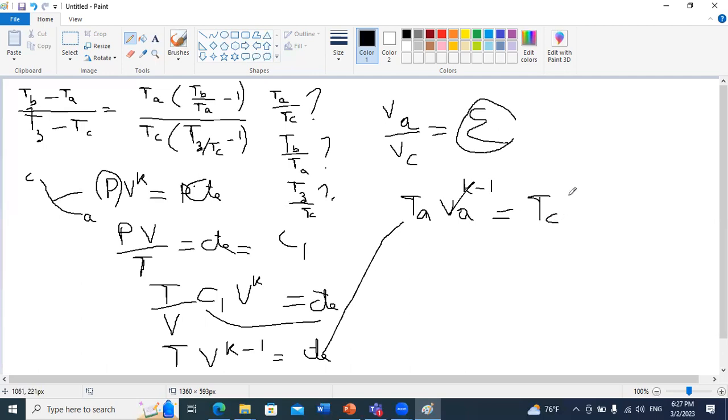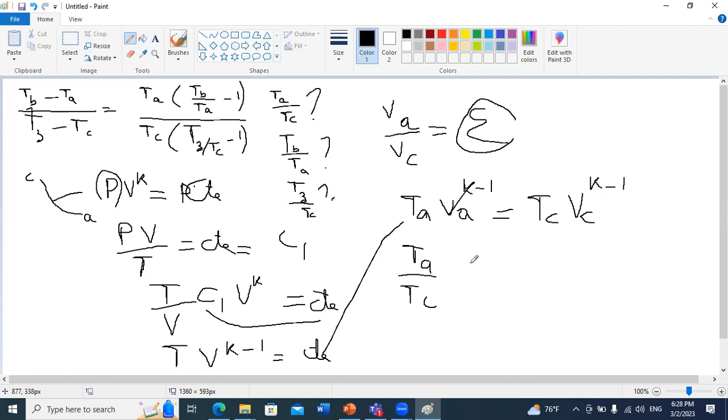So now I have the ratio that I need, TA over TC. I can write that TA over TC is equal to VC over VA, to the power K minus 1.